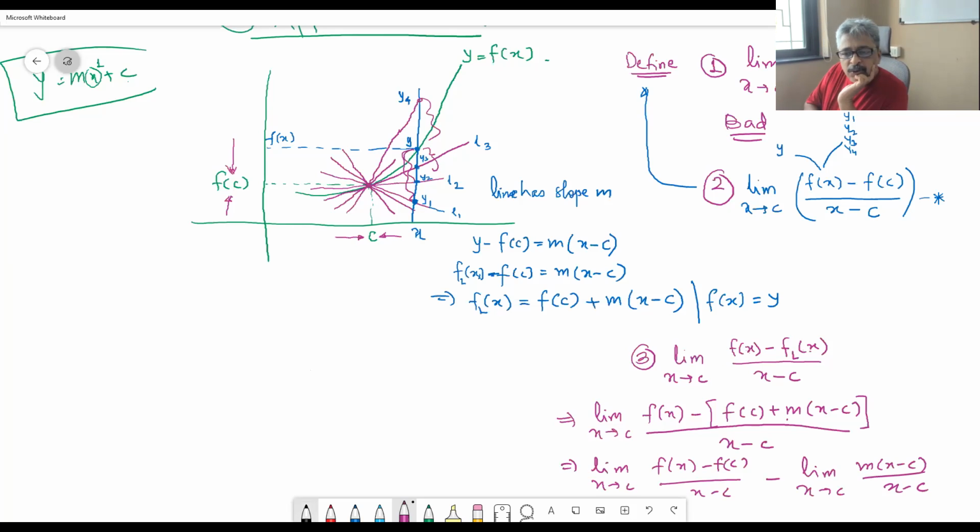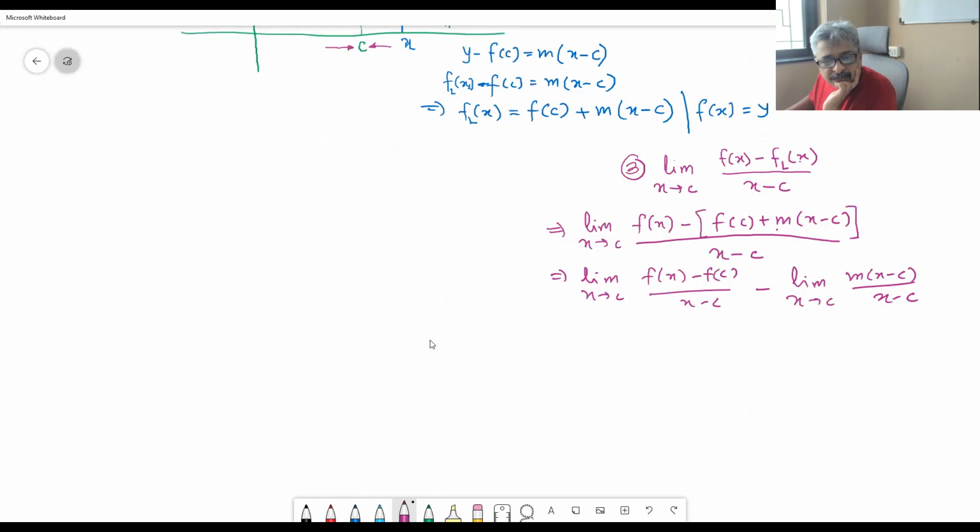Okay, so we get this, and this is our f dash at c minus m, and we want this limit to tend to 0, and therefore if this becomes 0, that could be our best approximation.